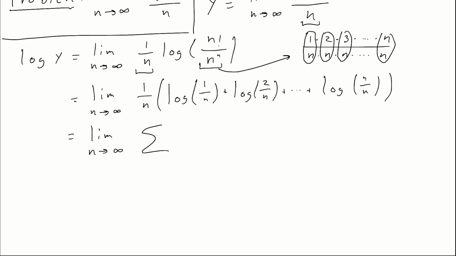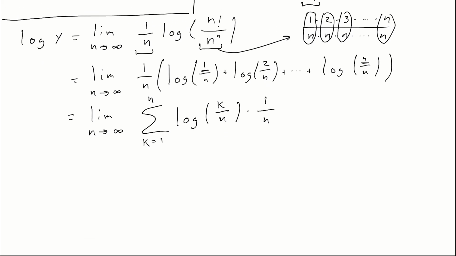Our index here, let's call it k, starts at 1, goes up to n, and it's log of k over n times 1 over n.